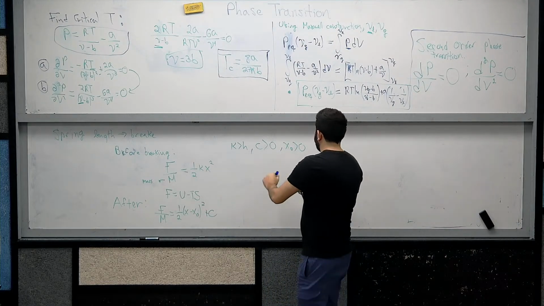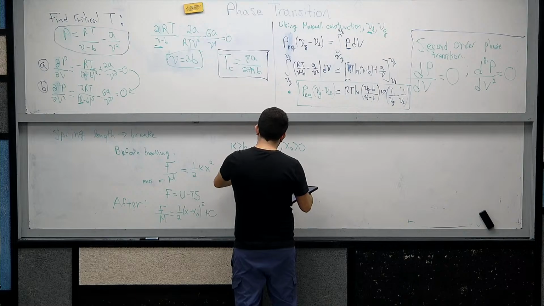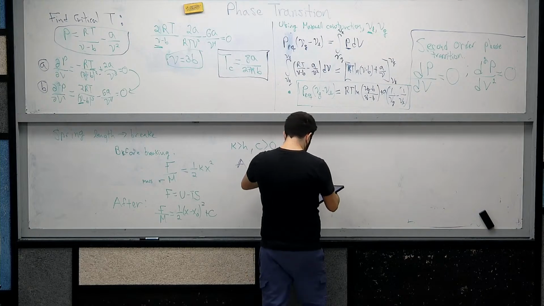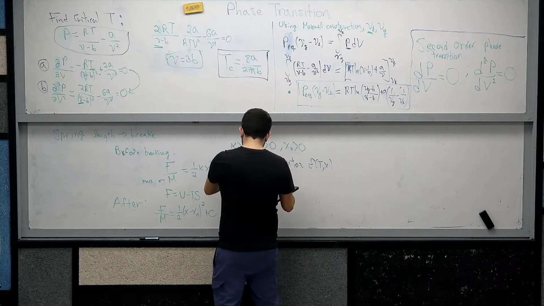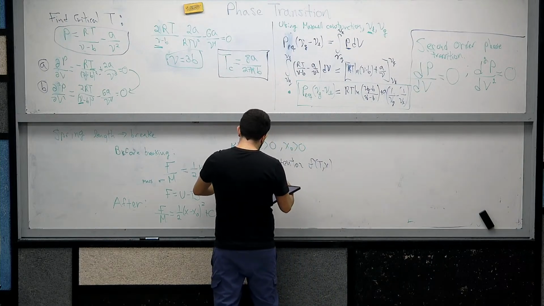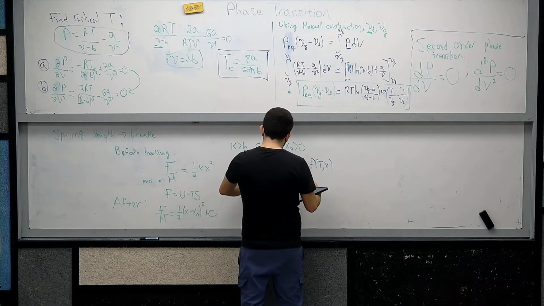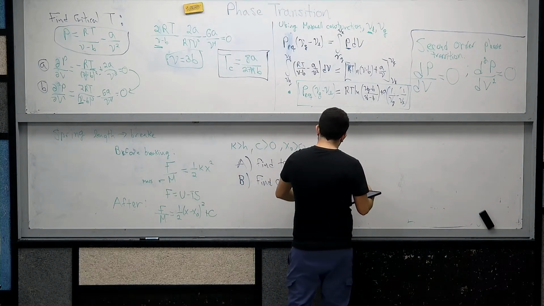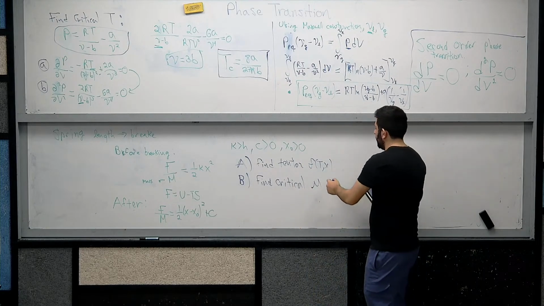The first thing they asked from us is to find the tension. And second, find the critical chemical potential.